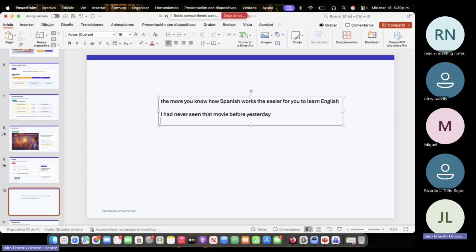For example, in this case, yo nunca había visto esa película antes de ayer.